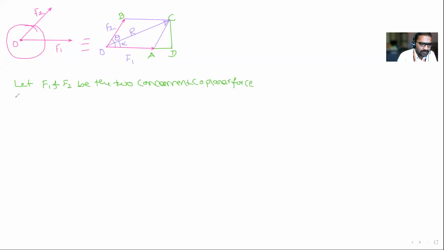These are represented as adjacent sides of a parallelogram. Then complete the parallelogram.